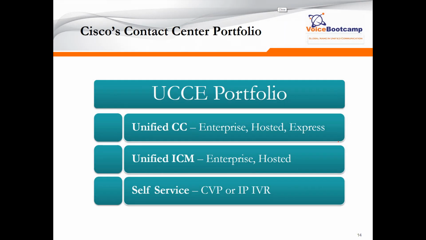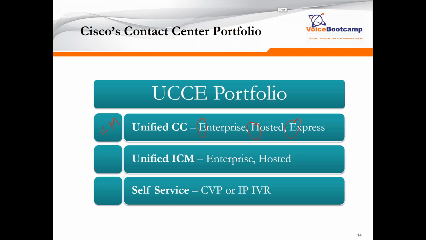Contact center portfolio. The contact center can be divided into three different types of portfolio. You've got Cisco Unified CCE Enterprise, Hosted, or Express. All three use Call Manager as a PBX.